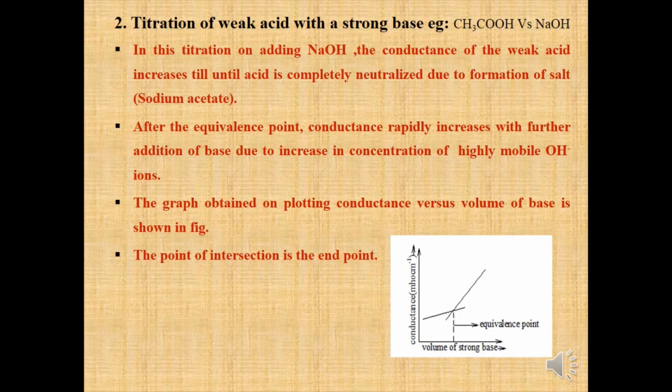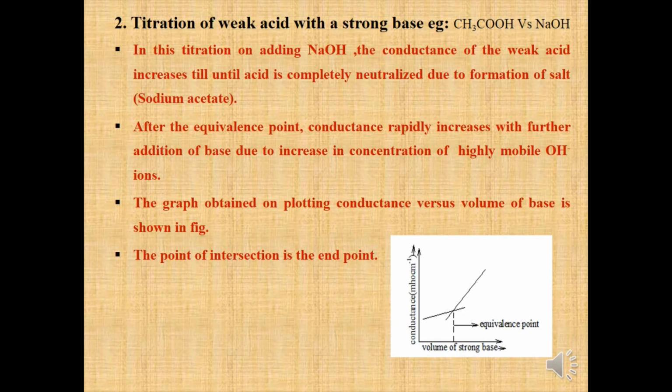So you can see in the graph, initially the conductance is very low because of the weak acid, but when you add sodium hydroxide, conductance increases till the equivalence point. After the equivalence point, the conductance increases with the addition of base due to the increase in concentration of highly mobile OH minus ion. A graph is plotted with conductance as y-axis and volume of strong base as x-axis. Two straight lines are obtained. The point of intersection is the equivalence point.